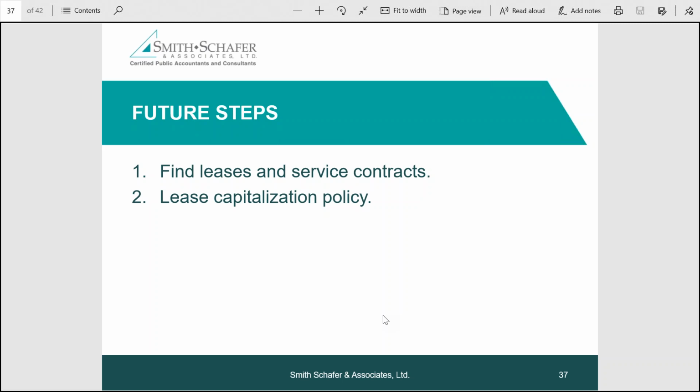If you have some of those leases and you want to try to exclude them, you can possibly come up with a lease capitalization policy. But again, the first step is finding them so that we can do a calculation on those leases.